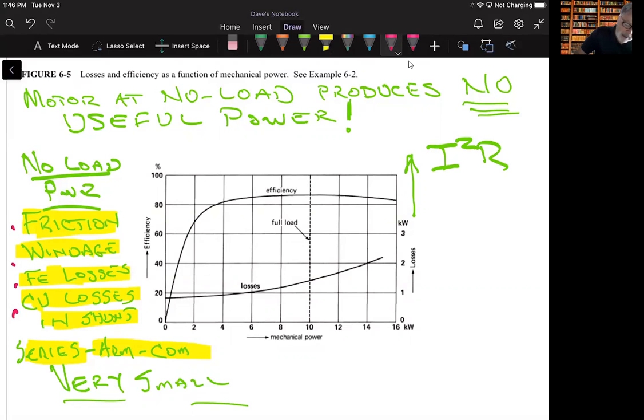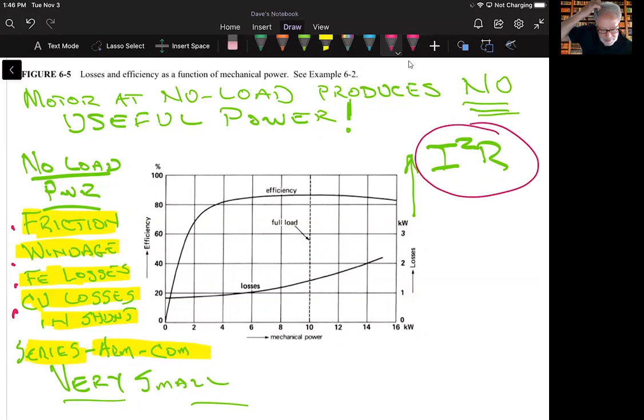But really, the no load losses would be constant, but the total losses, because of this current flowing in the armature, increase with load. And these increases are converted to heat, and the temperature of the machine rises as the load increases.